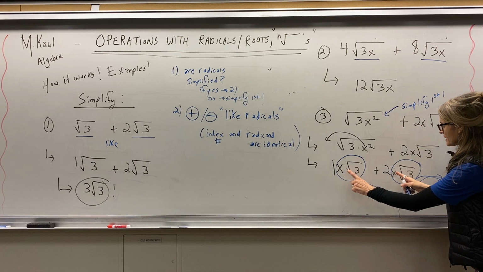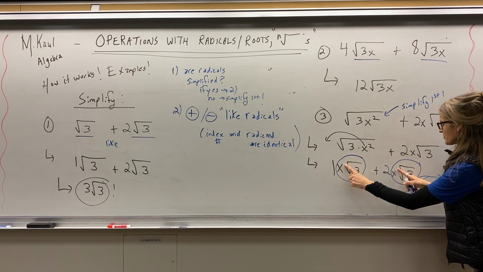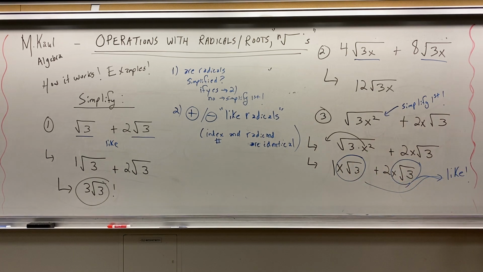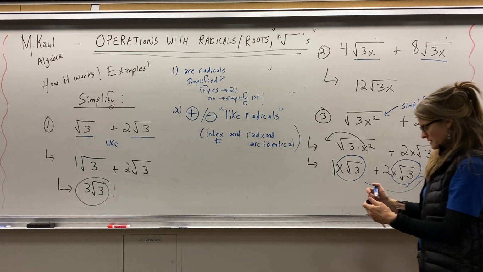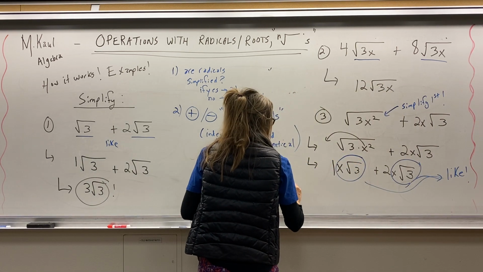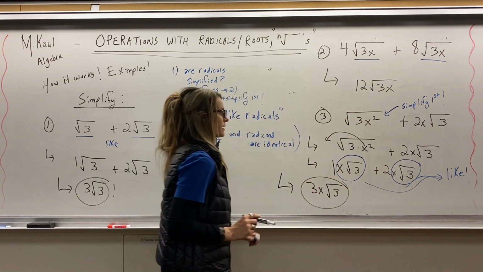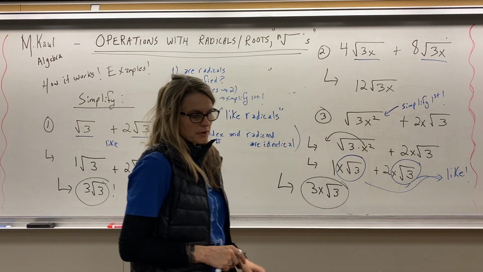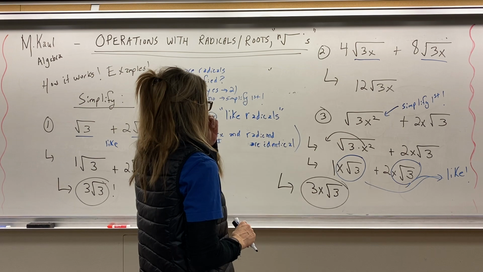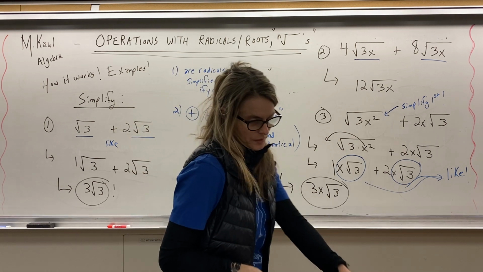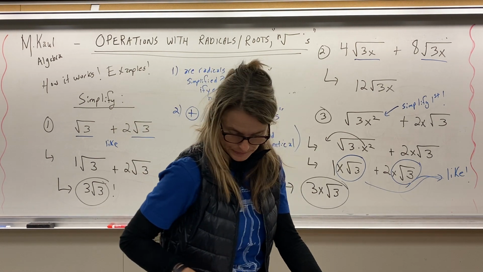Everything's exactly the same: the exponent, the x, the index number of the radical, and the radicand. So I add one of these and two of these and that will make 3x square root of 3. Bingo. Okay? And we know that subtraction works exactly the same. It's just another way of adding, but with negatives.